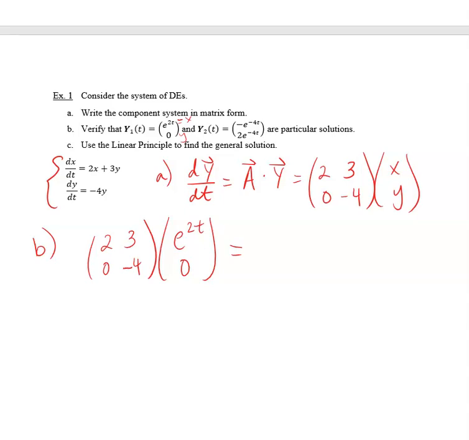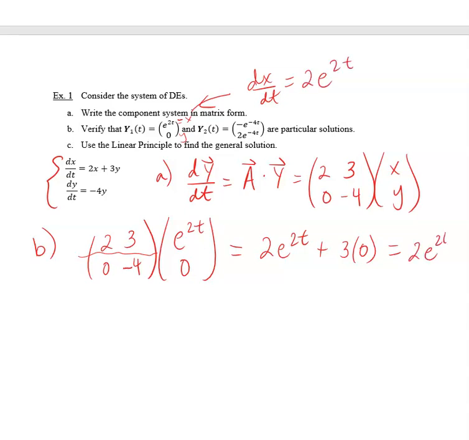Well, if we multiply this out, just double check here, we would get 2 times e^(2t), and then plus 3 times 0. Does that, in fact, equal dx/dt? That's the question. Well, remember if this is x, dx/dt would just be the derivative of e^(2t).